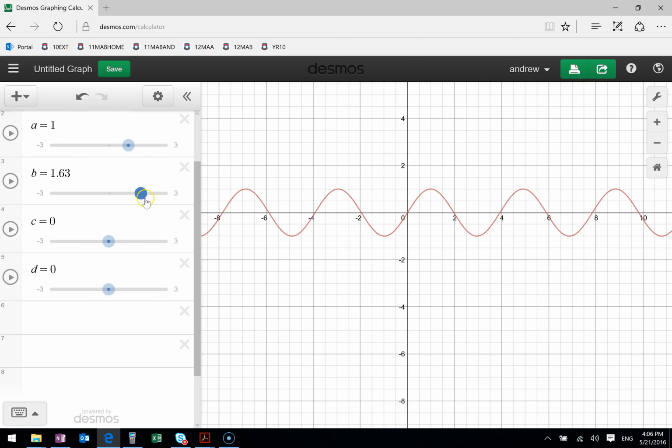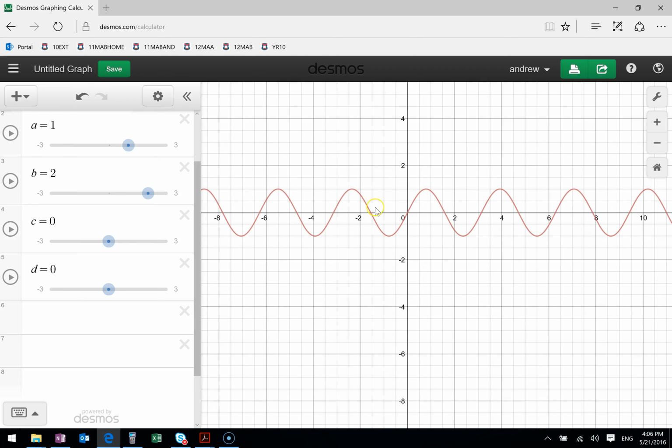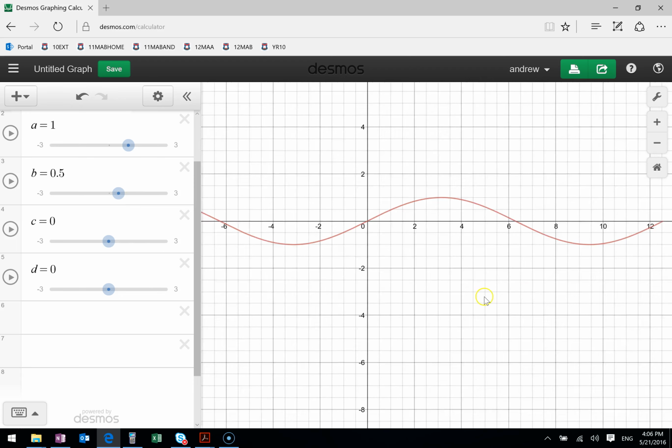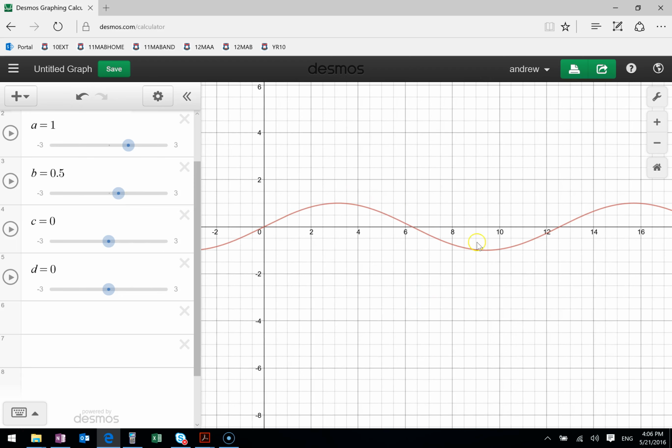If I change this to 2, my period is now 3.14, pi. If I make it less than 1, like a half, I can see my period is now 12.56. It'd be a 4 pi period.